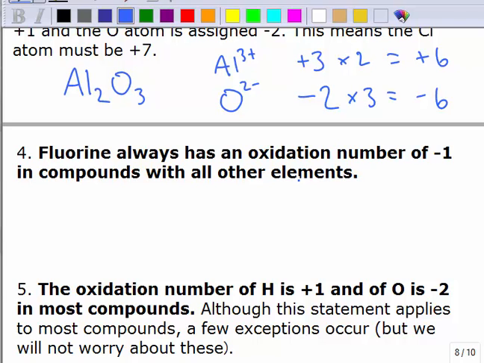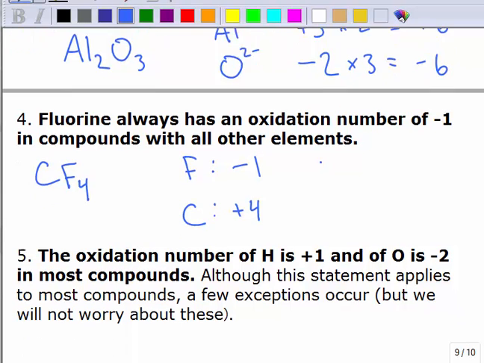So for example, if we have carbon tetrafluoride, CF4, each of these fluorines has a -1 oxidation state, and therefore, since there are 4 fluorines, each with a -1 oxidation state, carbon must be +4 to balance the 4 negative ones of the fluorine. So fluorine is always -1. The only time fluorine is not -1 is when it's an elemental substance, molecular diatomic fluorine.